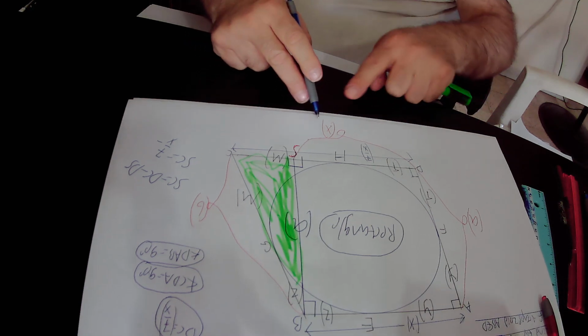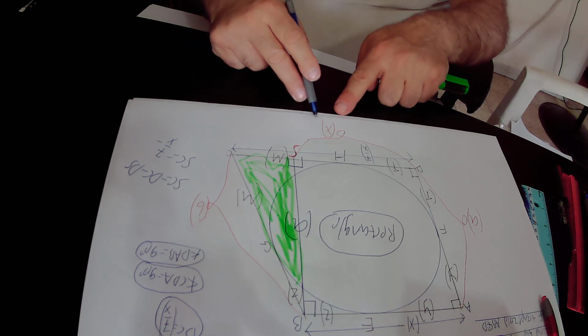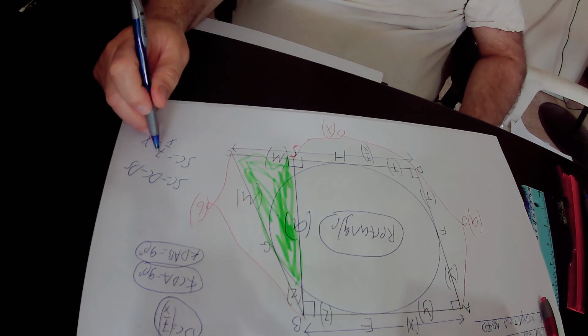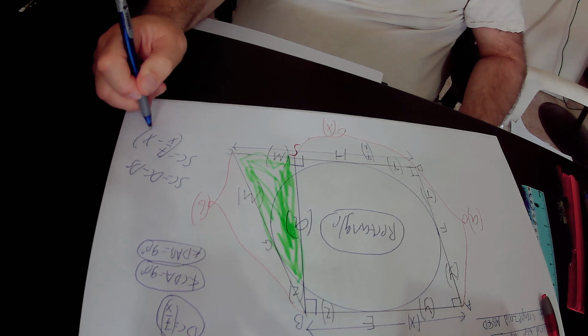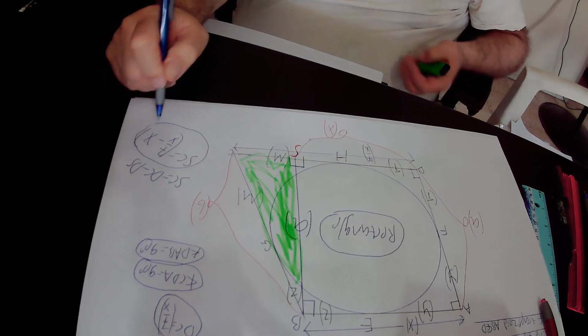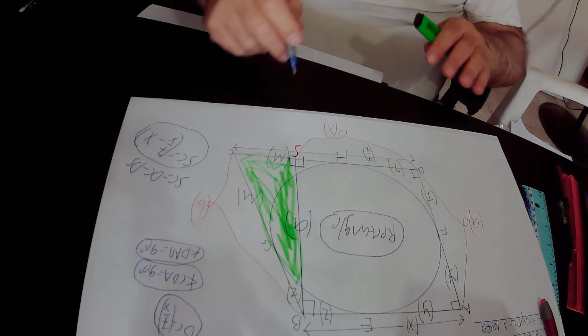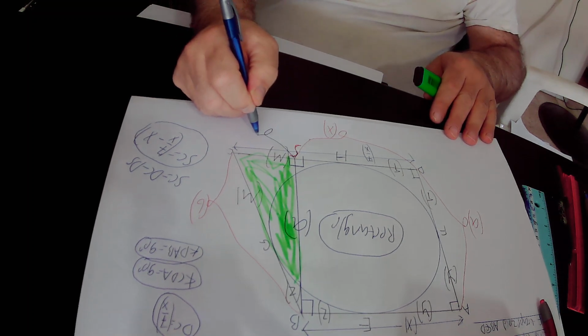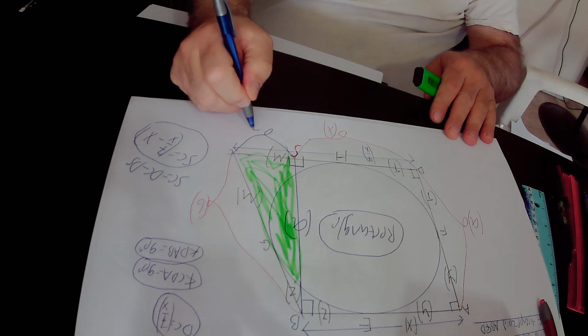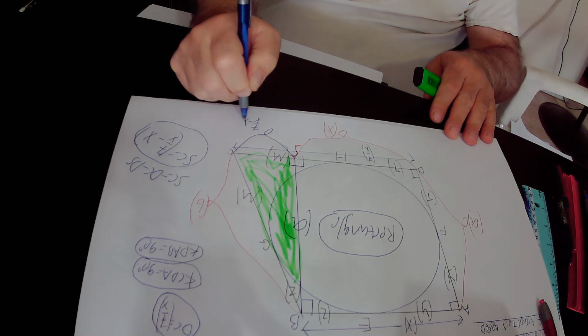We just found out that DS equals X. So in total, SC equals 7 over X minus X.